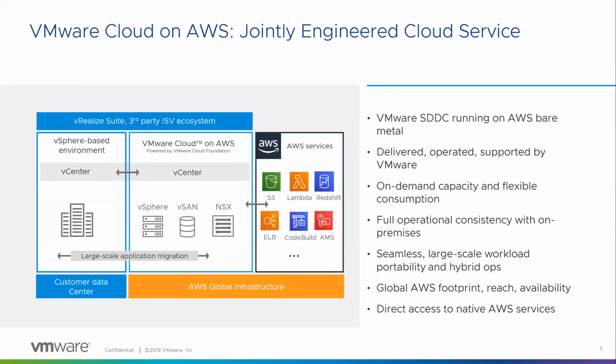The hypervisor and the infrastructure that you've been using for years is the same as it exists on VMware Cloud on AWS. We are able to leverage AWS's global footprint. We're now in, I believe, up to 17 regions worldwide, and we give you direct access to all those great services.